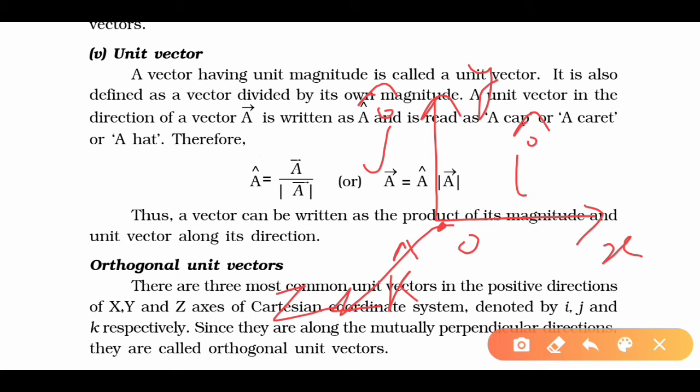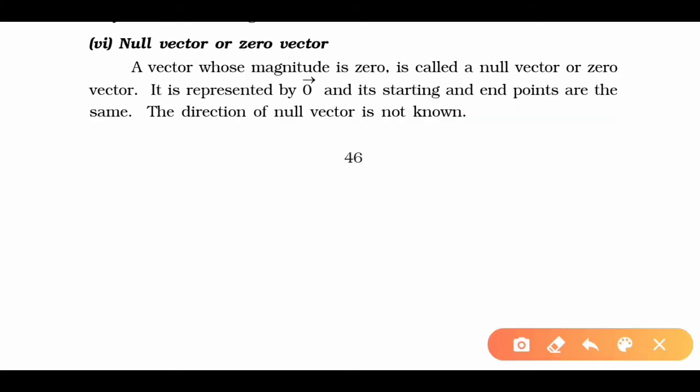All of these vectors are perpendicular to each other. This one is 90, this one is 90, and this angle is also 90.